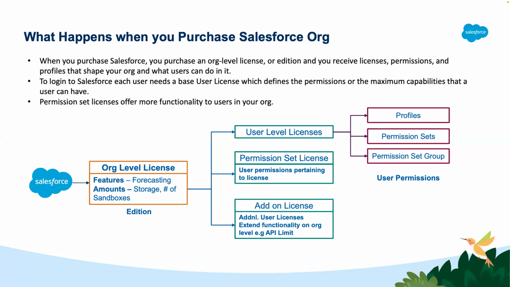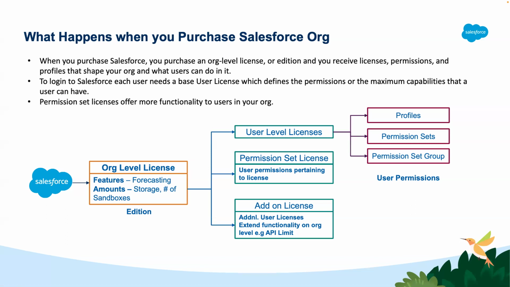In order to do that, I need additional licenses. These are your add-on licenses, and they help you extend the platform. Some are directly part of your Sales Cloud, which you can just enable, allocate the license, and then you will be enabling that feature.